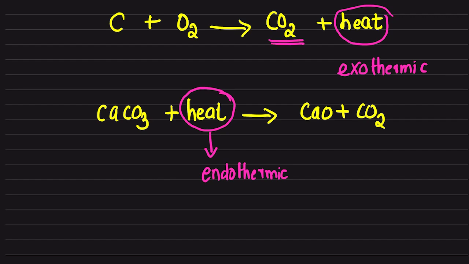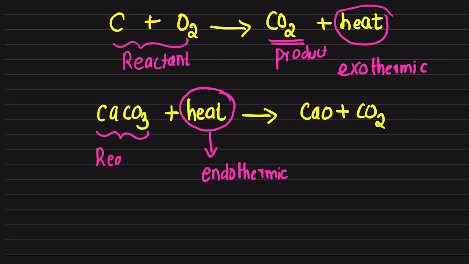The left hand side is called the reactant, and the right hand side is called the product. So here calcium carbonate is on the left hand side, so it is called the reactant. Calcium oxide and carbon dioxide are on the right hand side, so we call them the product. Okay.